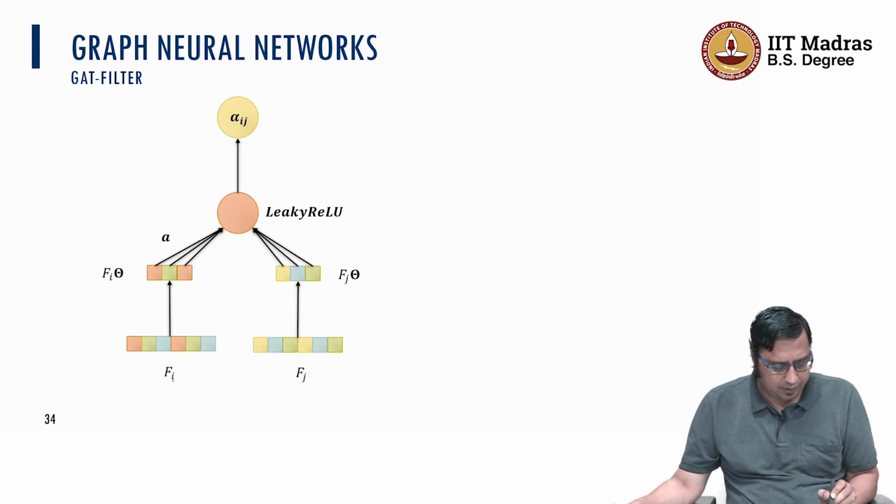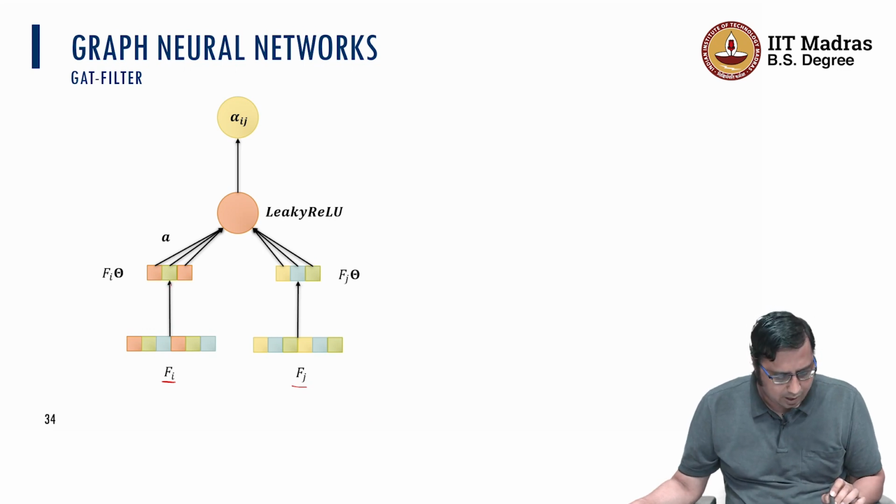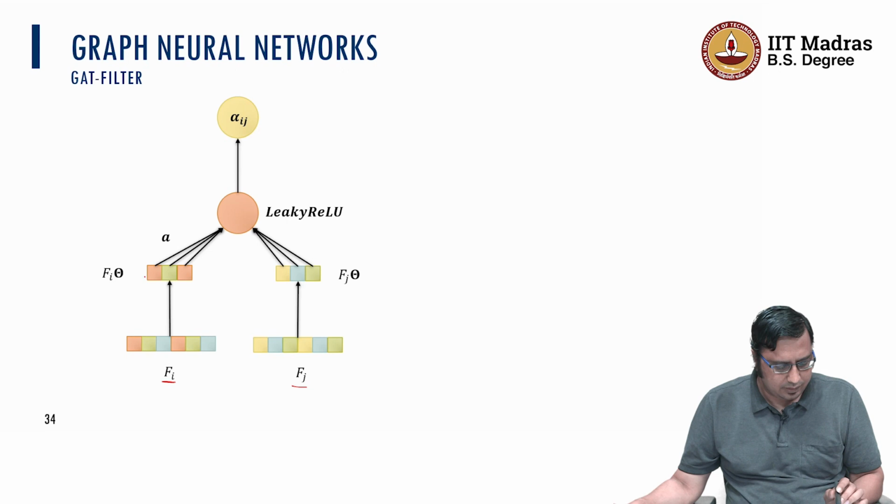Here I have taken a feature for the ith node, which is fi, and a feature for the jth node, which is fj, and they are parameterized.